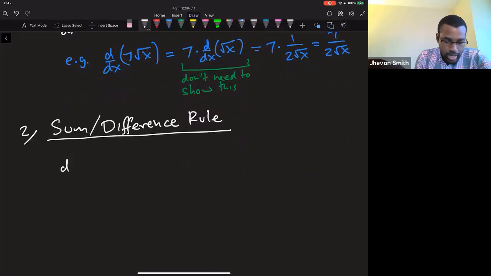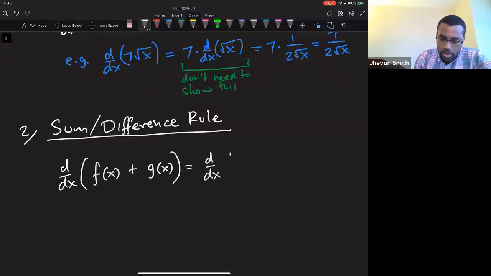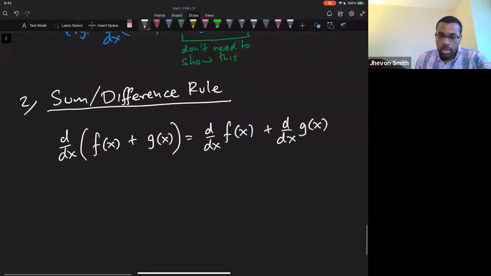So that is to say that the derivative of one function plus another function is the derivative of the first function plus the derivative of the second function. So derivatives can distribute across sums. And this goes with negatives as well. You just keep the same sign, actually.